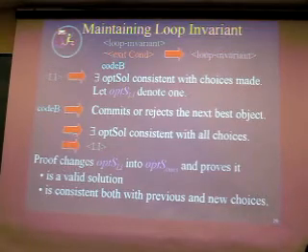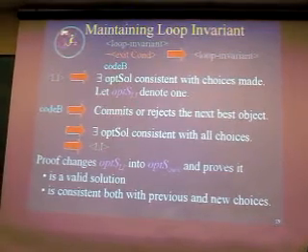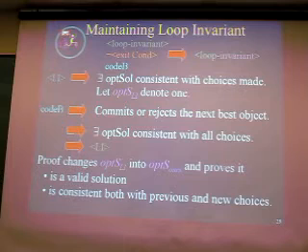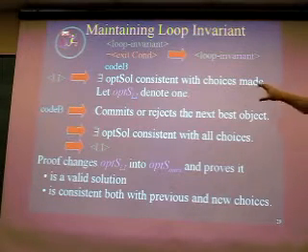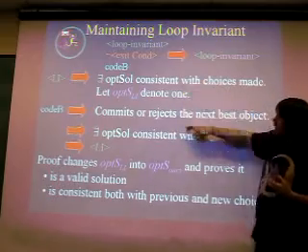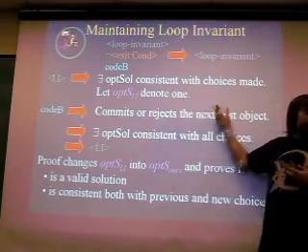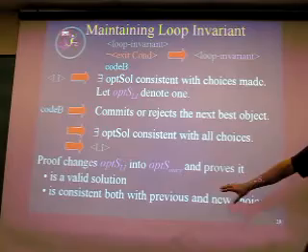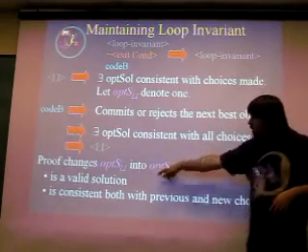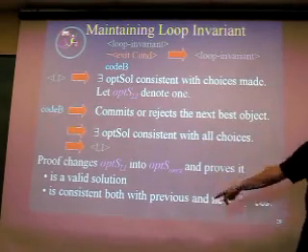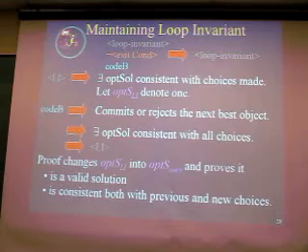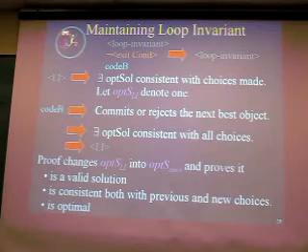Well, when we were at the top of the loop, the algorithm had made some commitments about decisions about a certain object, and then we went around the loop one more time, and we accepted or rejected this new object. So this thing that we've constructed has to be consistent with both the new and the previous decisions. And we have to prove that it's optimal.